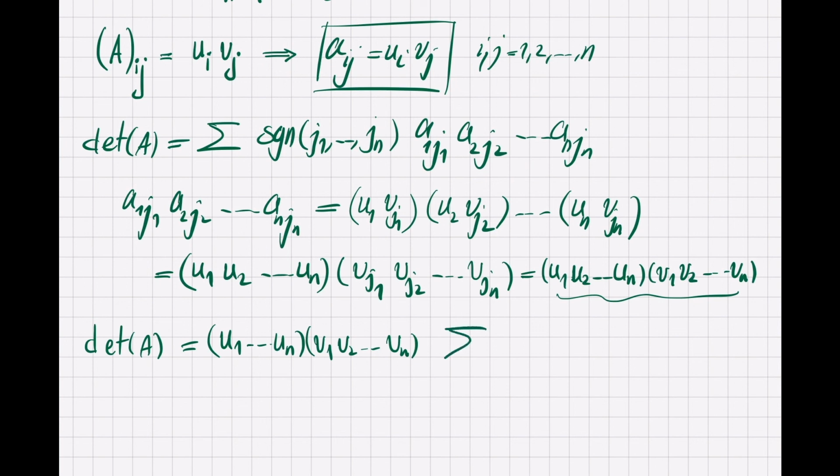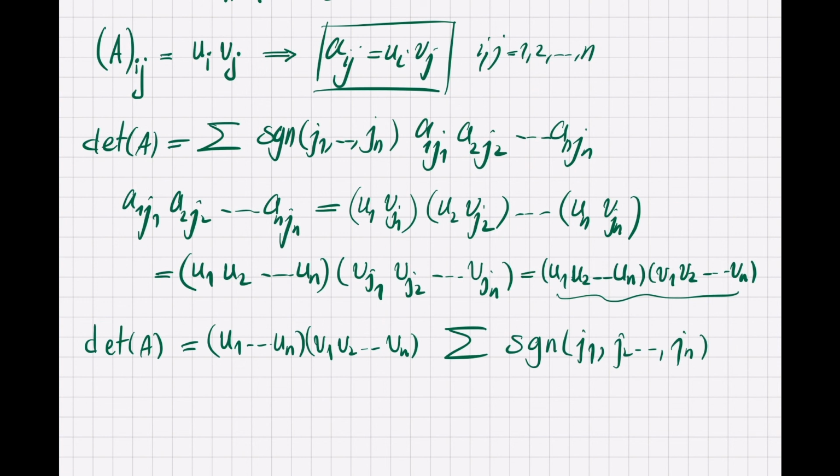Then you have a sum of a bunch of ones or minus ones, over j1, j2 up to jn. Of course this is not demanded in the problem, but this sum is over a bunch of positive ones or negative ones, because this is the sign of a permutation. If the permutation is even, this turns out to be positive 1, and if the permutation is odd, it turns out to be negative 1. So we are adding over a bunch of positive and negative ones.